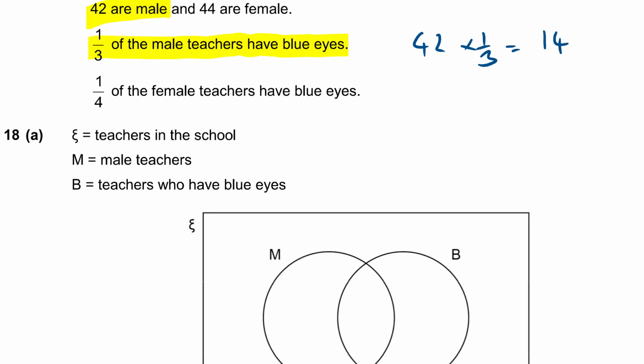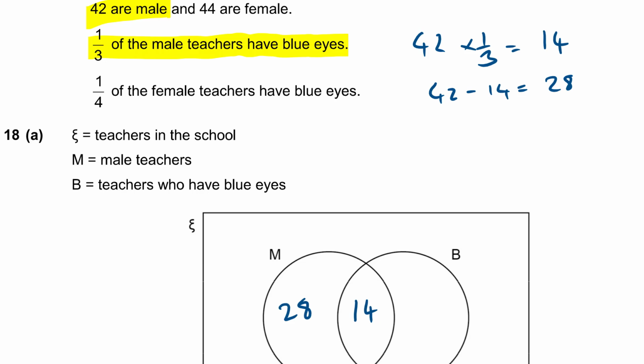So there are going to be 14 male teachers with blue eyes. So the intersection between M and B is going to be 14. And now I can start working out the rest. If there were 42 male teachers altogether, of which 14 had blue eyes, then 42 subtract 14 is the number of teachers who are male and don't have blue eyes, which is 28.